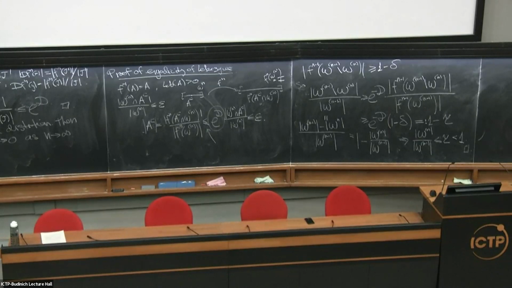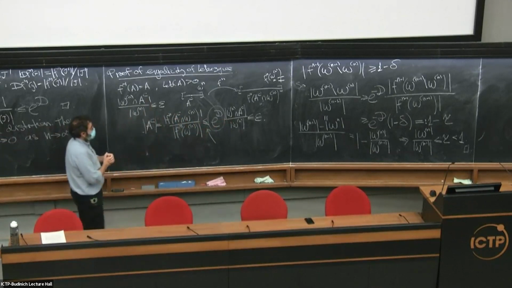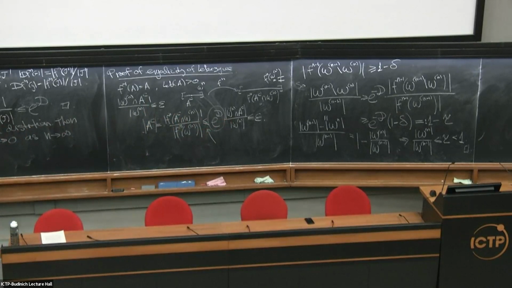And as Mokshin correctly said, I should have said that this extends to arbitrary measurable sets. And then the fact that the bounded distortion also implies this important ingredient that we use in the proof. And then we put these two together and we get essentially exactly the same proof to prove ergodicity of Lebesgue measure. And it's interesting that we can do this without any discussion about invariant measures, right?